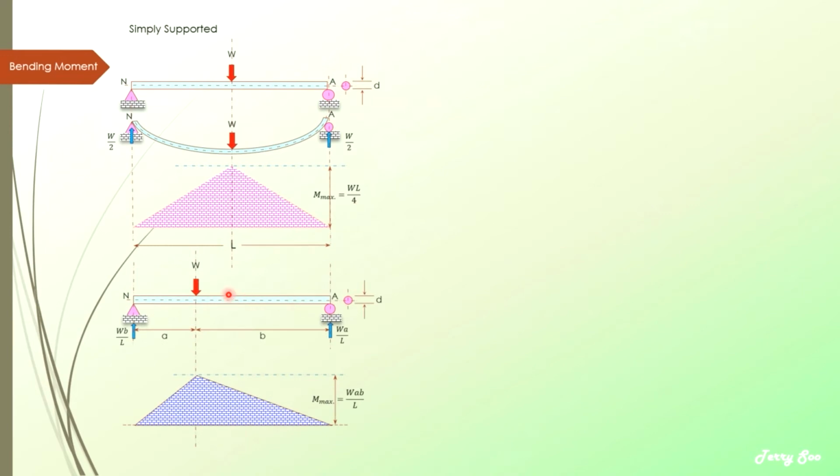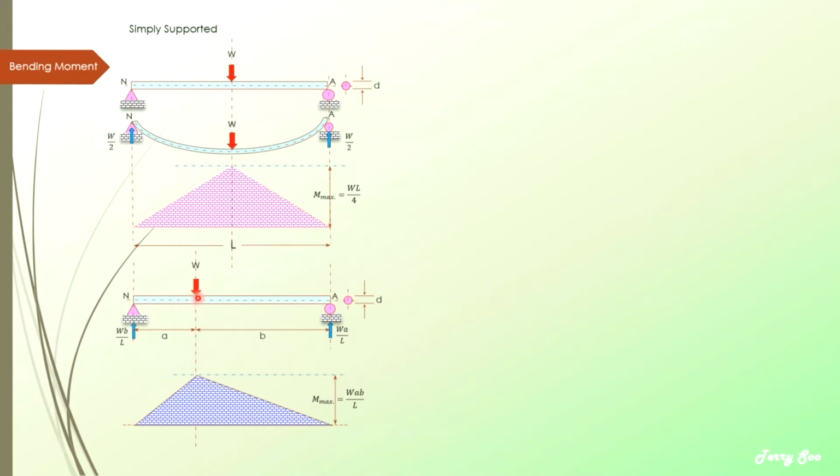Then the next, when you have point loads acting not at the center, which is at any point along the shaft. So let's say, for example, now you have a pulley placed here. The pulley also causes weight, so this weight will act as a point load at that point on the shaft.